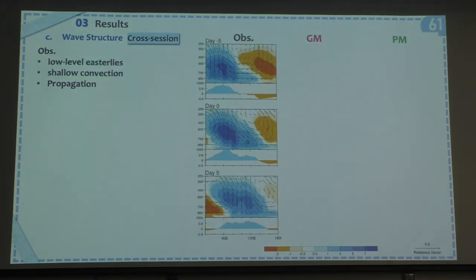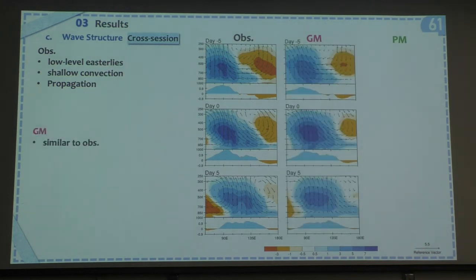In the observation, they show the signal at day -5, day 0, and day 5. In front of the Andrew deep convection, there are low-level easterly winds, and shallow convection, the moisture anomaly in the low troposphere. And the whole signals can propagate eastward.